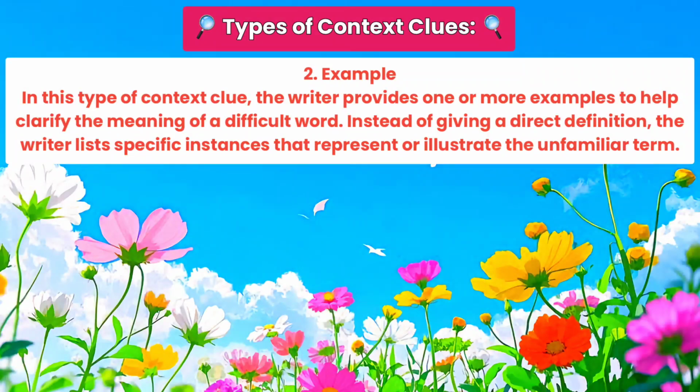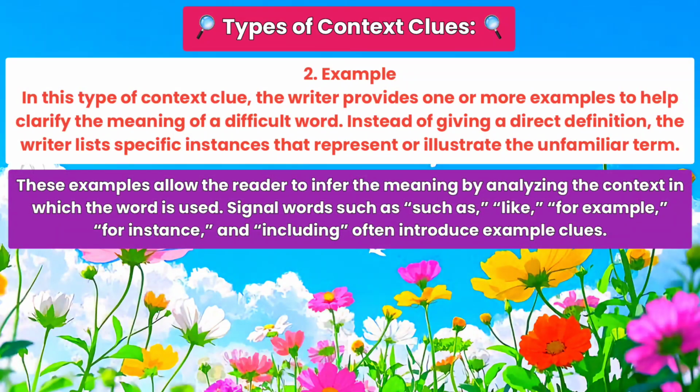Number 2. Example. In this type of context clue, the writer provides one or more examples to help clarify the meaning of a difficult word. Instead of giving a direct definition, the writer lists specific instances that represent or illustrate the unfamiliar term.